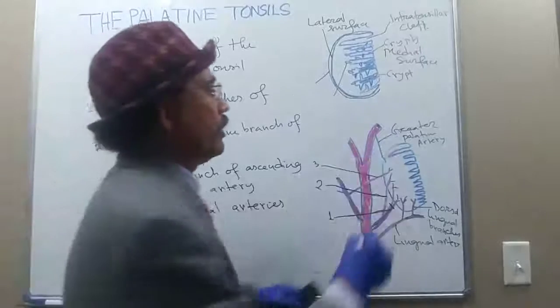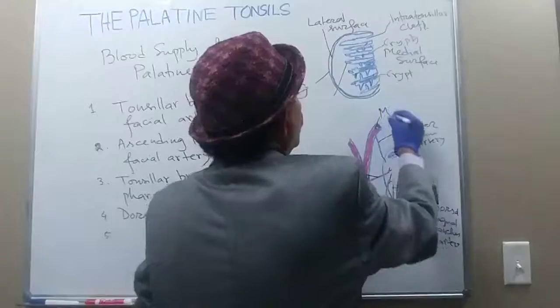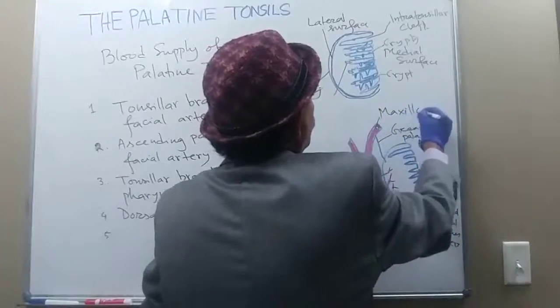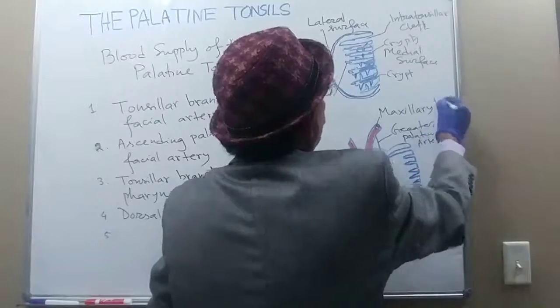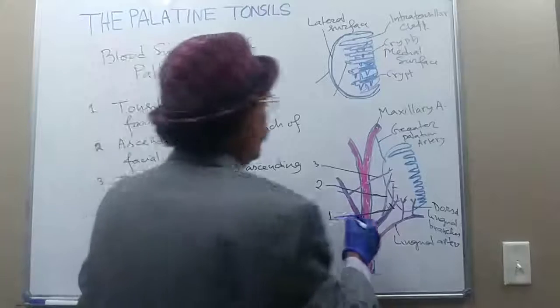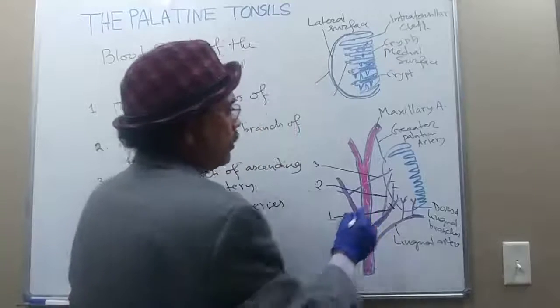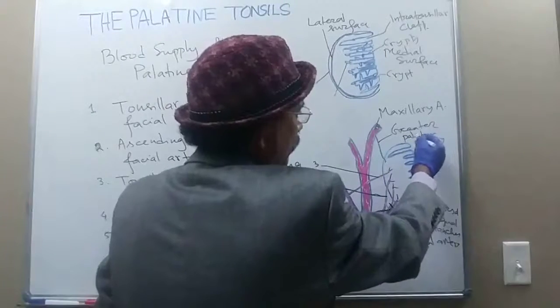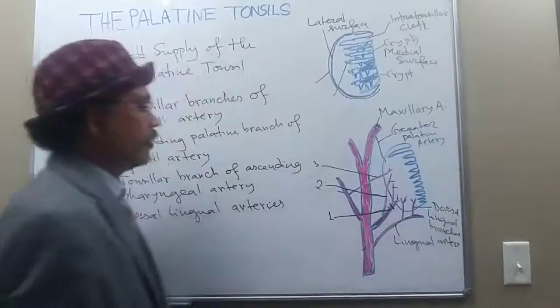The maxillary artery is a branch of the external carotid artery. So we got the greater palatine branch to the tonsil.